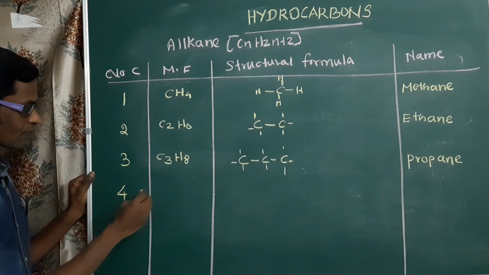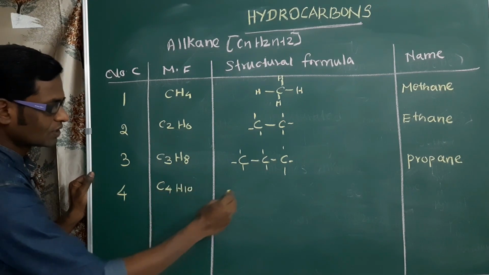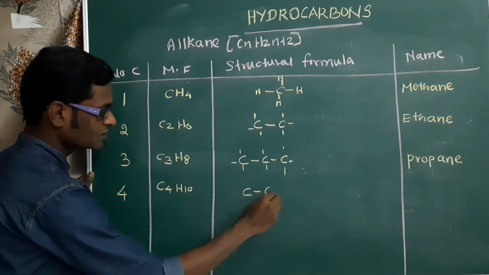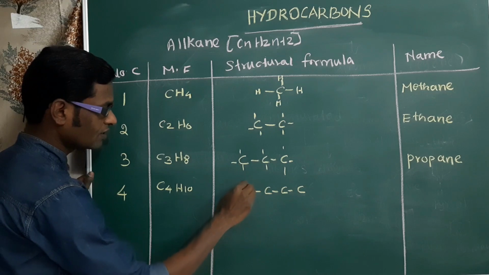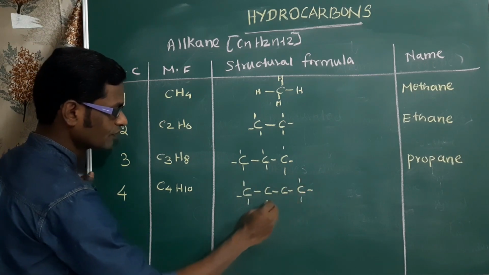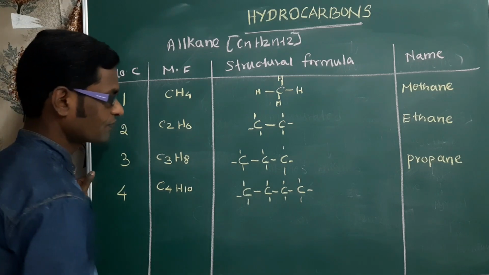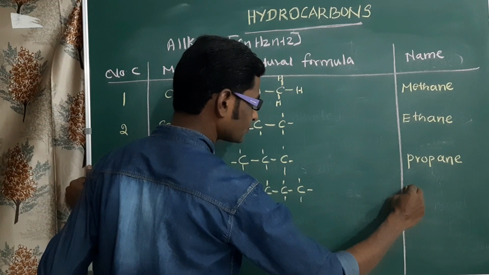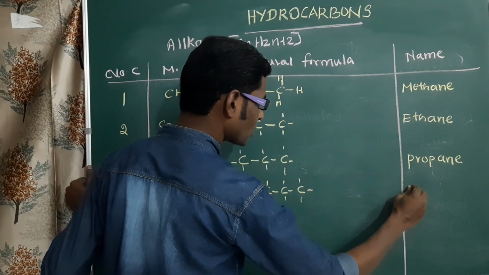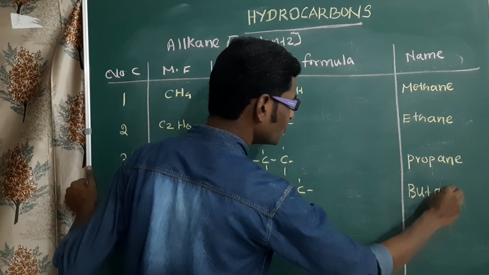Carbon number 4, molecular formula C4H10. In the skeletal structure 4 carbon atoms, the 2 terminal carbons contain 3 hydrogen atoms, the 2 middle carbons have 2 hydrogen atoms. If the compound has 4 carbons, root word will be but, name of the compound butane.